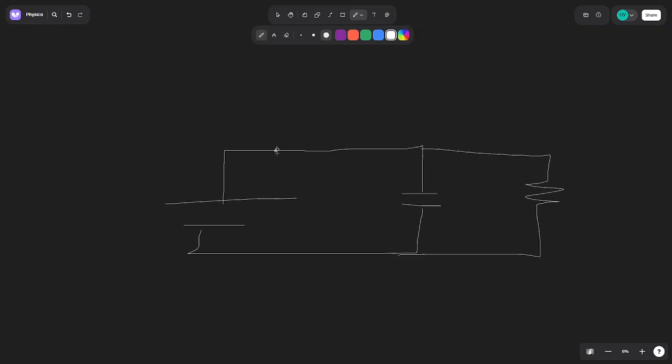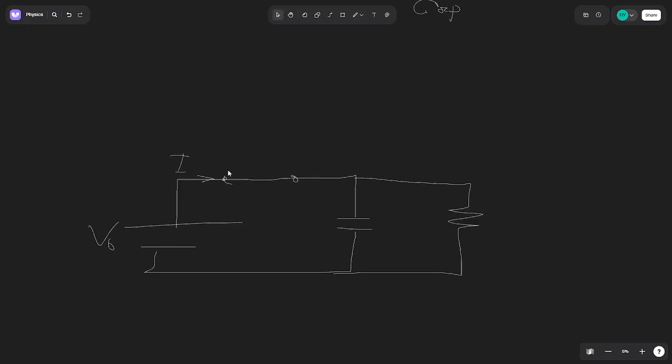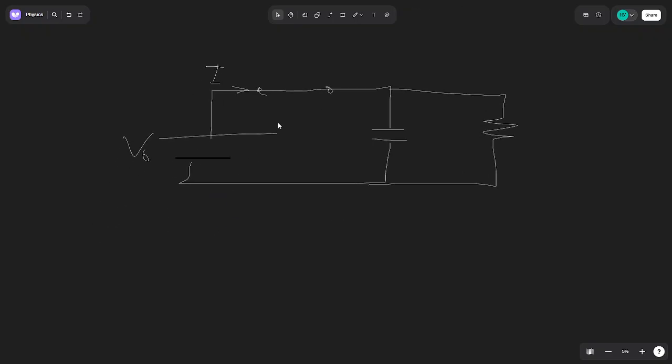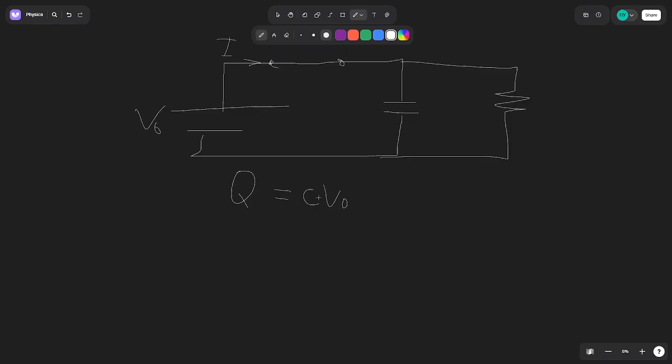So it's already closed. The current is going. So what can be wrong? This is just the moment, right? The current just started going, and the charge here can be estimated with this formula: our voltage times capacitance.